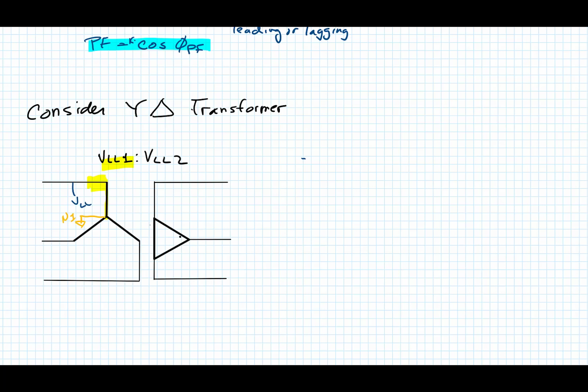This is the actual voltage, the V line to neutral on the primary side, and the actual V line to line on the primary side, the I line 1 coming into this, and then the current going into the phase, that would be I phase 1. I'm going to separate these just a little bit to make some room.